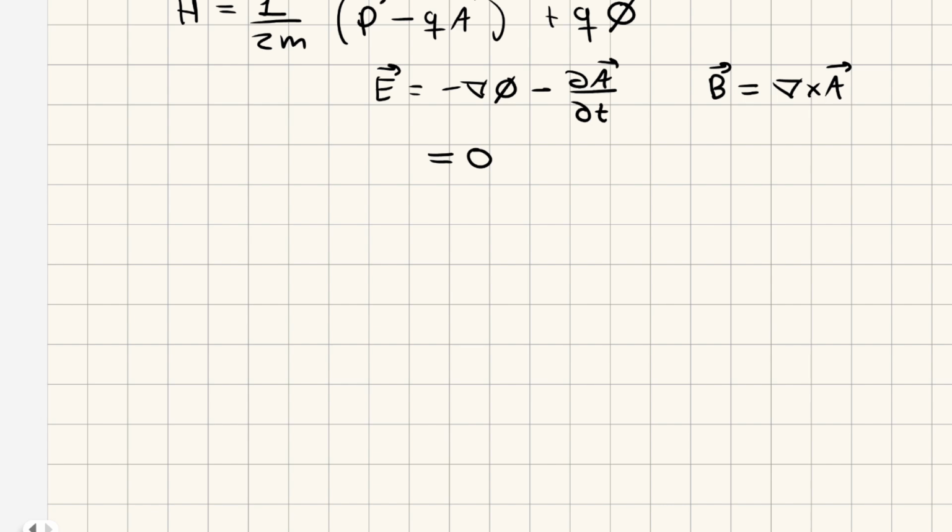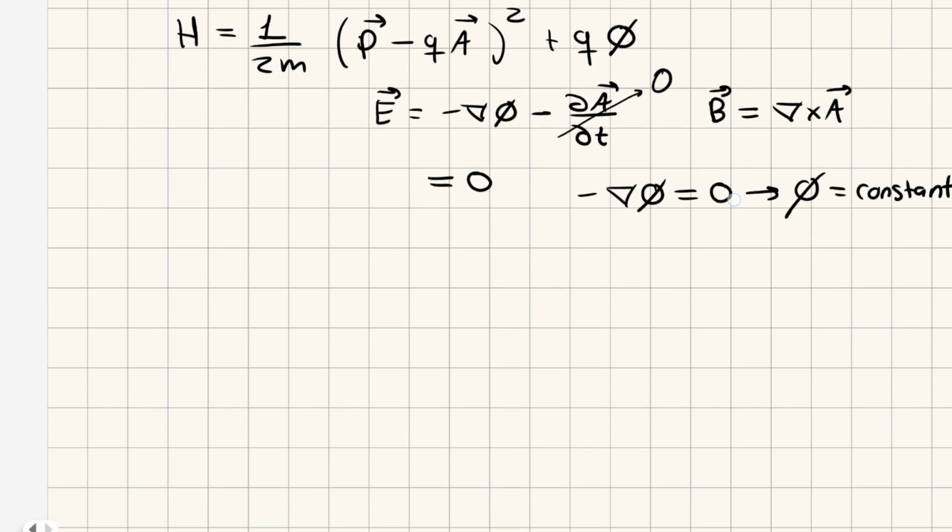But we are going to be working with a magnetic field that is uniform, it doesn't change in time, so the derivative with respect to time of the vector potential will be 0, and minus the gradient of phi will be 0, giving us that phi is going to be a constant.